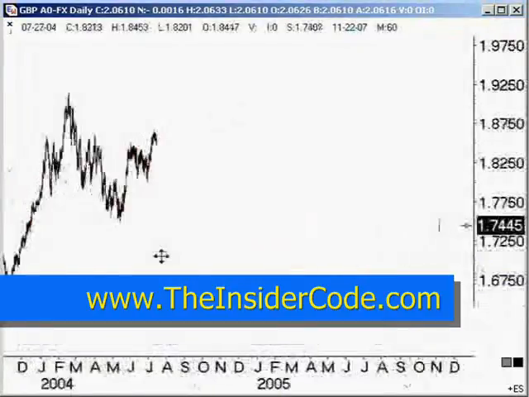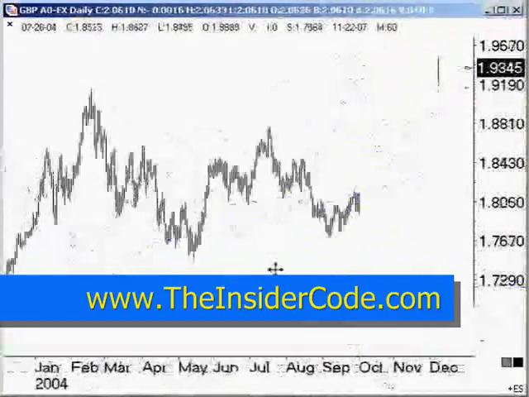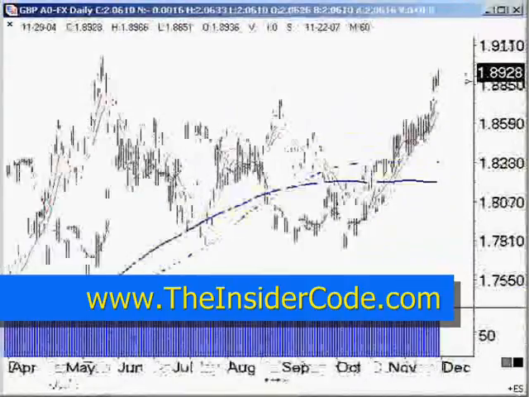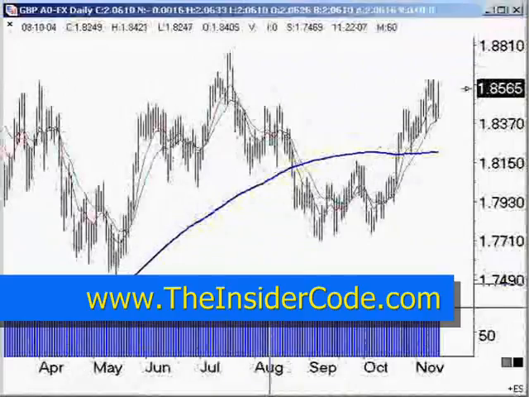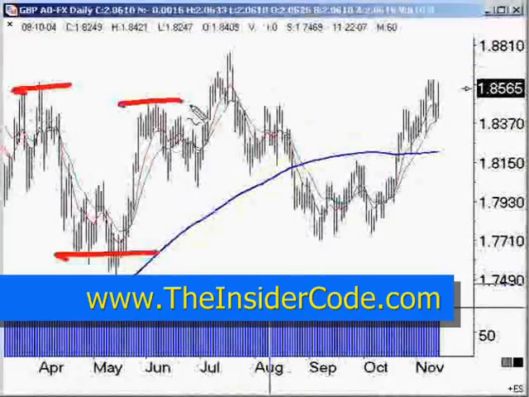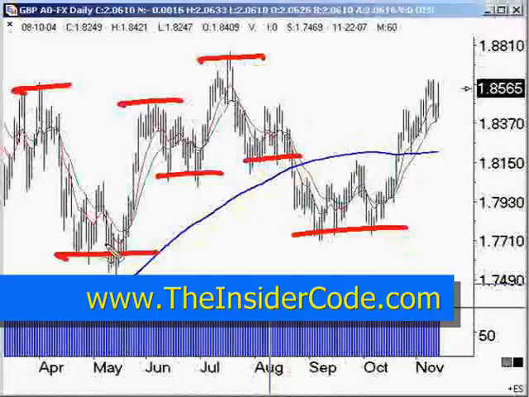Now I'm going to zoom in on a couple of areas here. Now I want you to look at the moves here. They're pretty big. You've got several hundred pips in here from top to bottom, but there really isn't much of a trend.